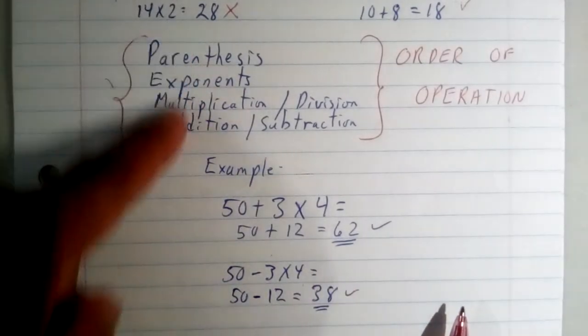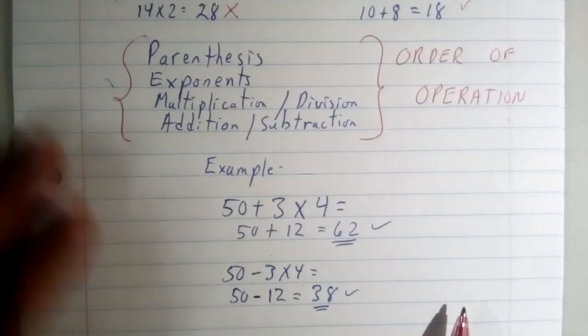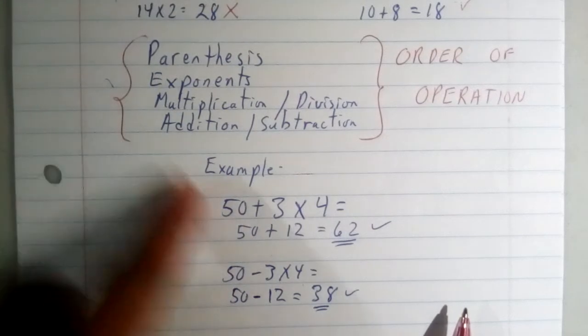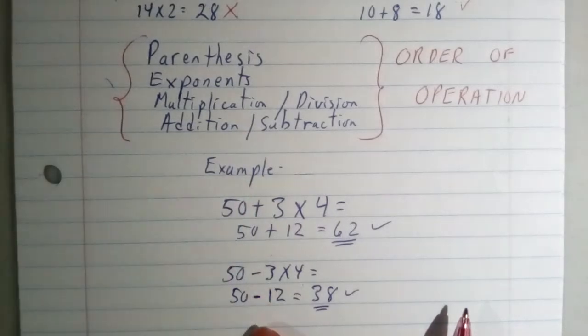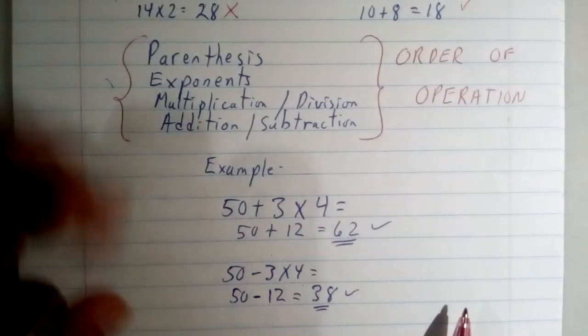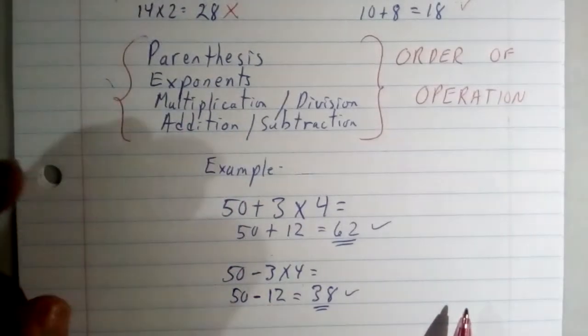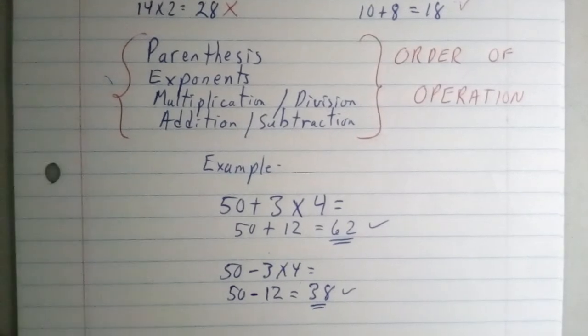So this is the order of operation. Based on all this information, remember, if you don't have any parentheses or exponents, you will go to multiplication and division first, okay, and then you do your addition and subtraction. Alright, so that's the order of operations.